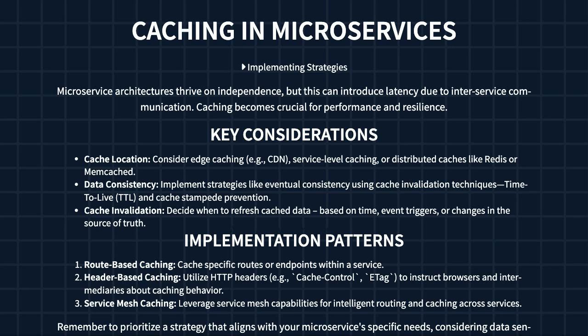Data consistency is really important too. You'll want a strategy for keeping your cached information up to date and avoiding problems when things change. There are several common patterns you can use, like caching specific routes, utilizing HTTP headers to control how browsers handle caching, or even using service mesh features if you have them. The right approach depends on the particular services in your architecture.